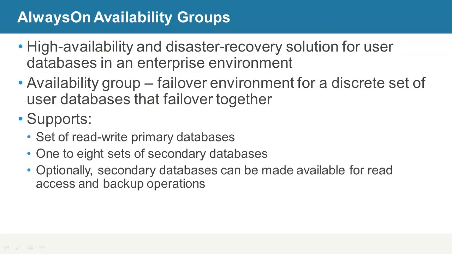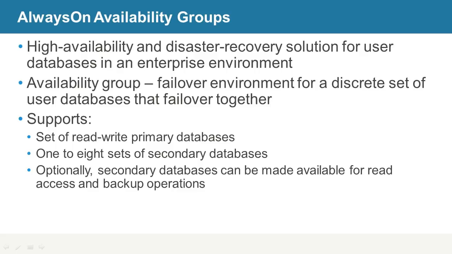But the nice feature of availability groups is that the secondary databases can be made available for read access and backup operations. So your primary database that probably has a lot of activity happening in it can basically be used to accept new records and things like that.